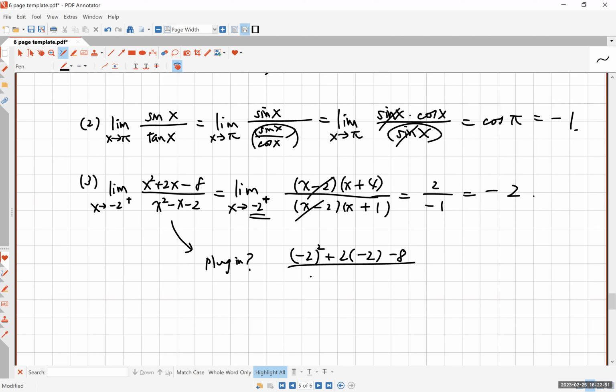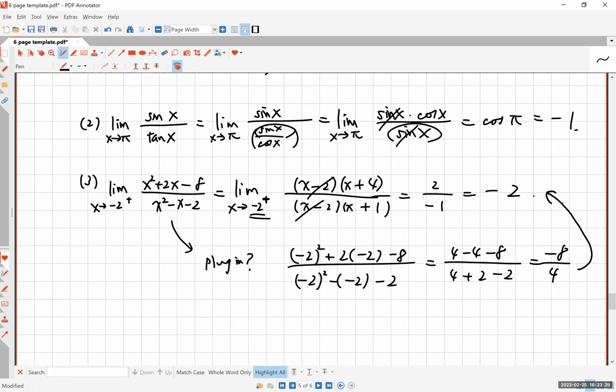You get that on the top: 4 minus 4 minus 8, so that's -8. On the bottom, minus x is 2, so this is going to be 4 plus 2 minus 2, which is 6 minus 2, that's 4.